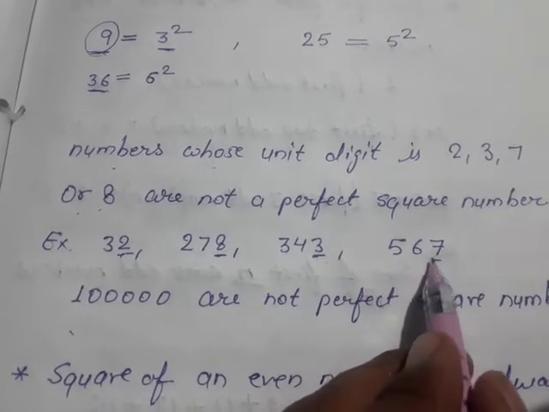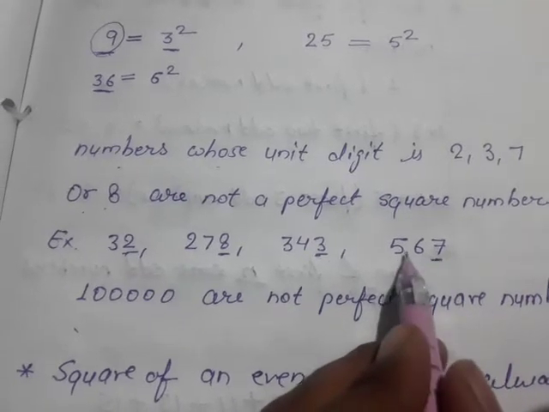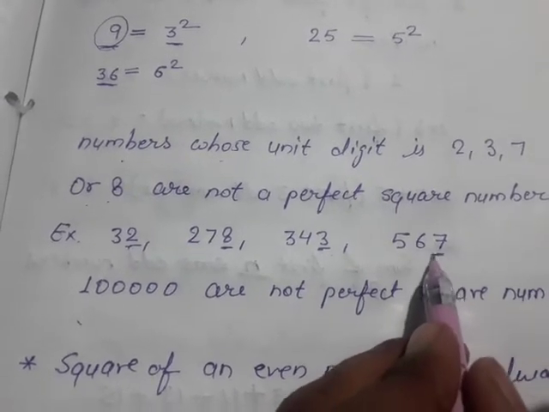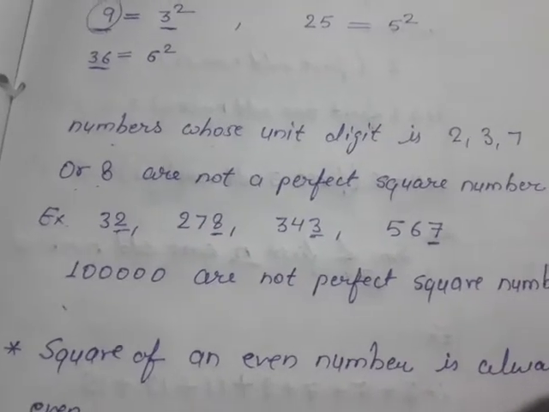Similarly 567, unit digit is 7, so it is not a perfect square number.